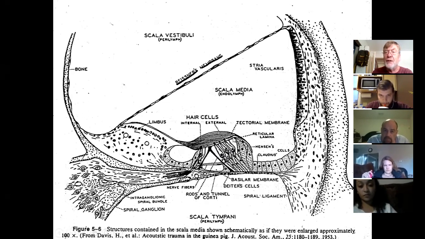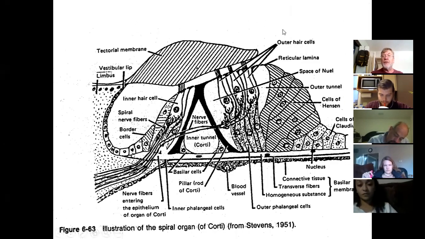So endolymph in here, endolymph all here, endolymph in here, cortilymph below it. I'll show you another picture here. Endolymph all around here, touching the hairs, and cortilymph here.